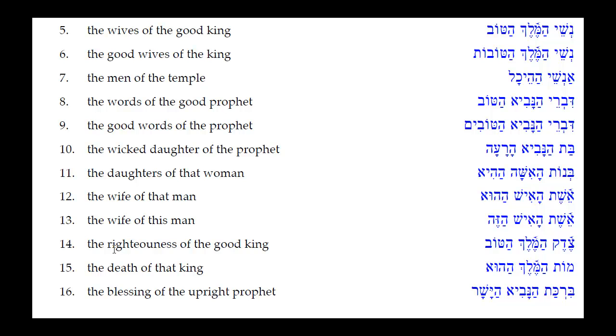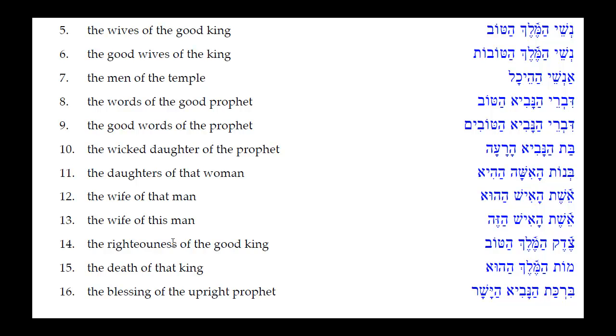Number 14, we have the righteousness of the good king. Righteousness is the construct noun. King is the absolute noun, and good is the attributive adjective with king. So we would put righteousness, which is tzedek. Tzedek is a segolate noun, so it can be both the absolute or the construct.